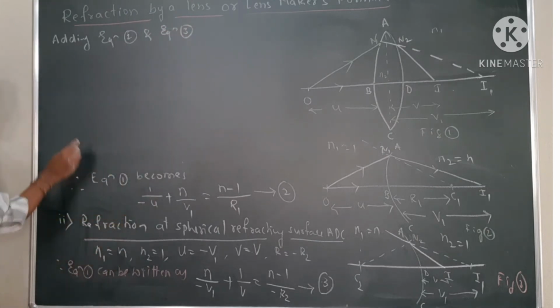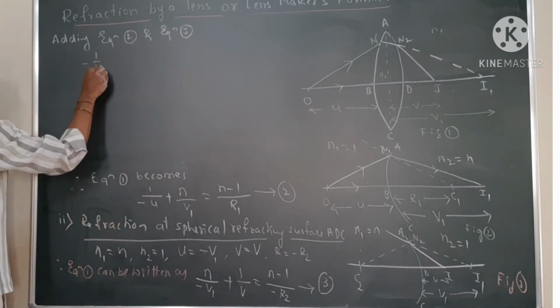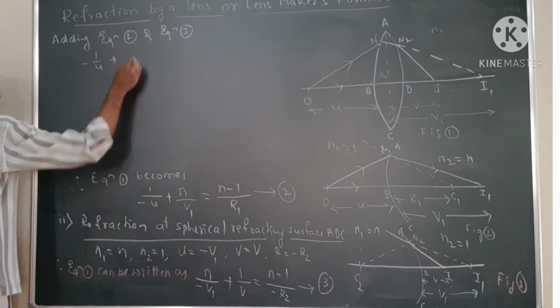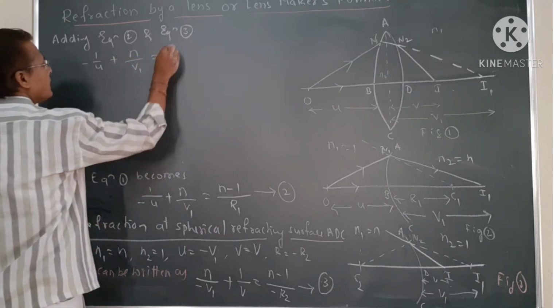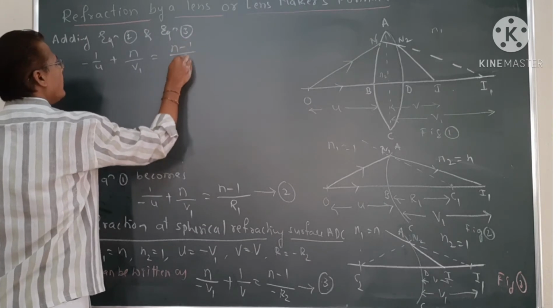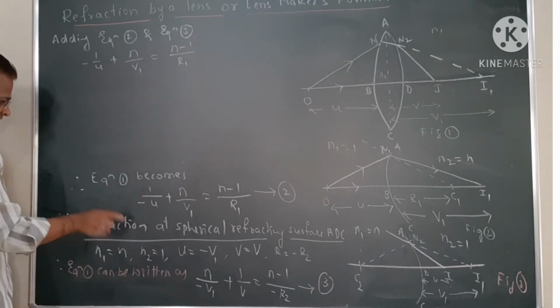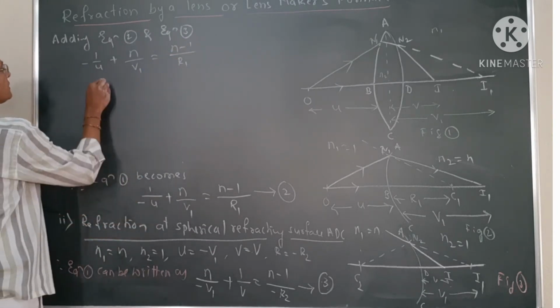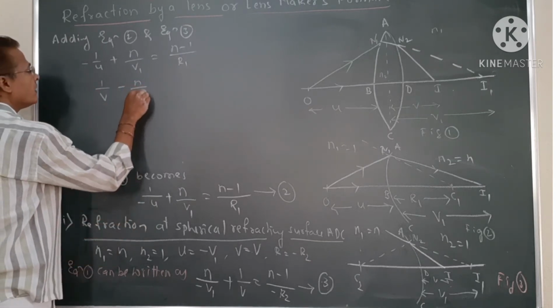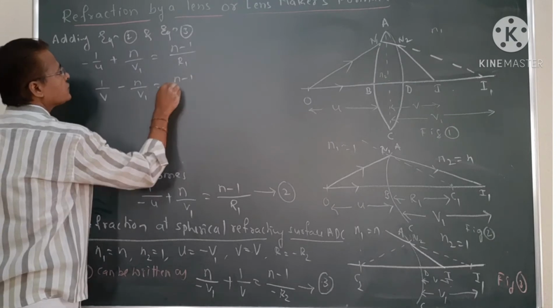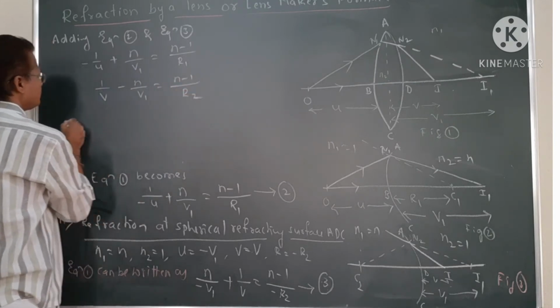This first equation is minus 1 by u plus n by v1 equal to n minus 1 divided by r1. Similarly, plus 1 by v minus n divided by v1 equal to n minus 1 divided by r2.